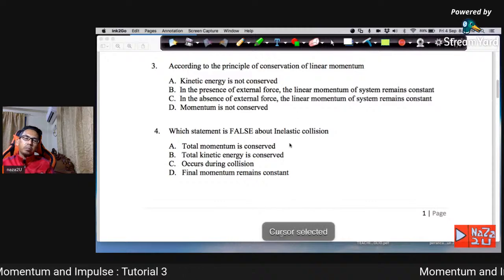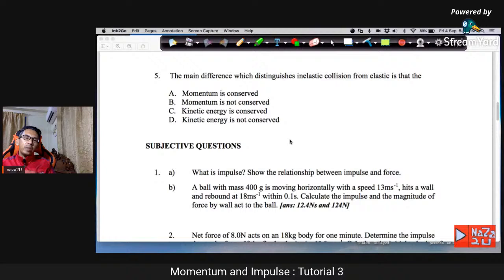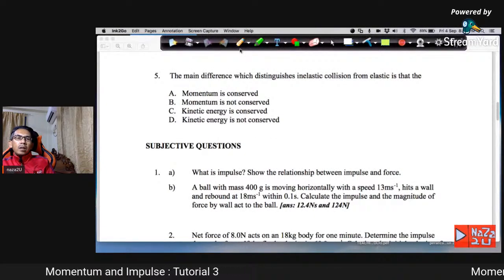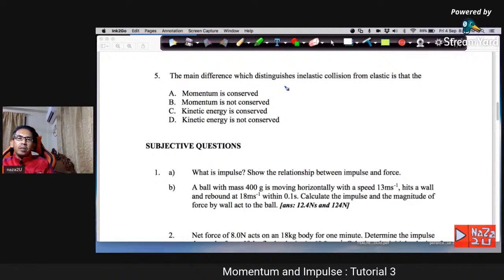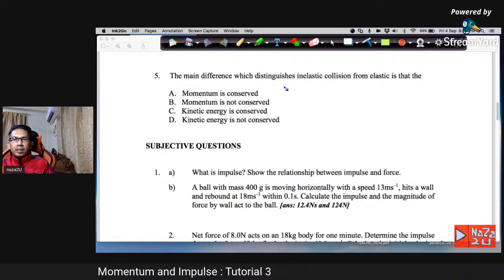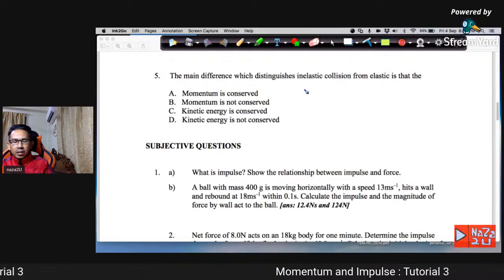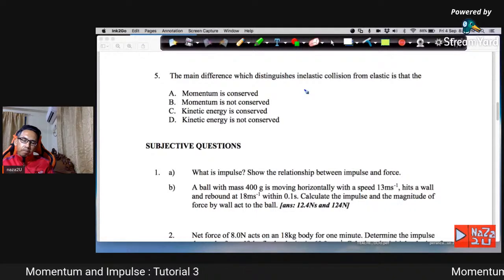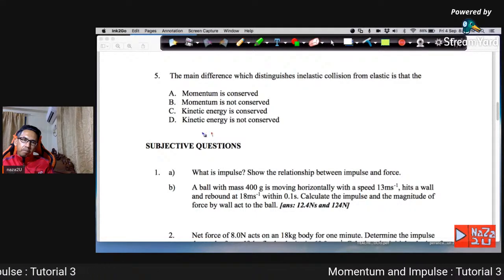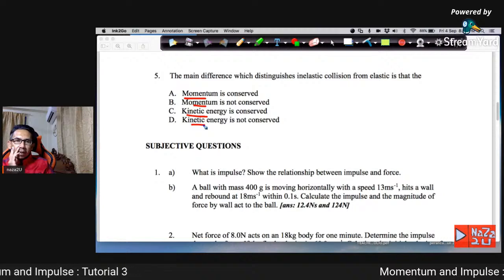Continue to number 5. This is question number 5. The main difference which distinguishes inelastic collision from elastic is that, so if you look at the answers given, answer number A, number B, number A is momentum and number C is the kinetic energy.